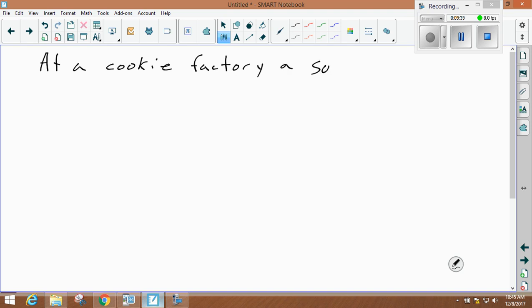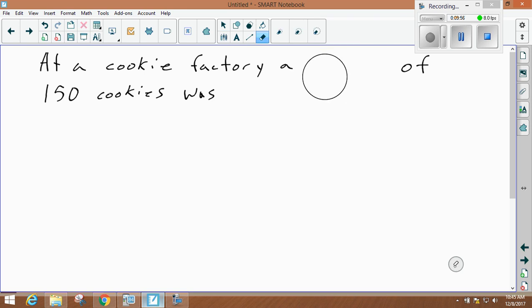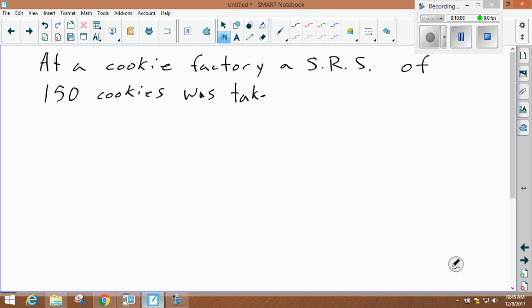a sample of 150 cookies was taken, and we should really say that this was a simple random sample of 150 cookies.